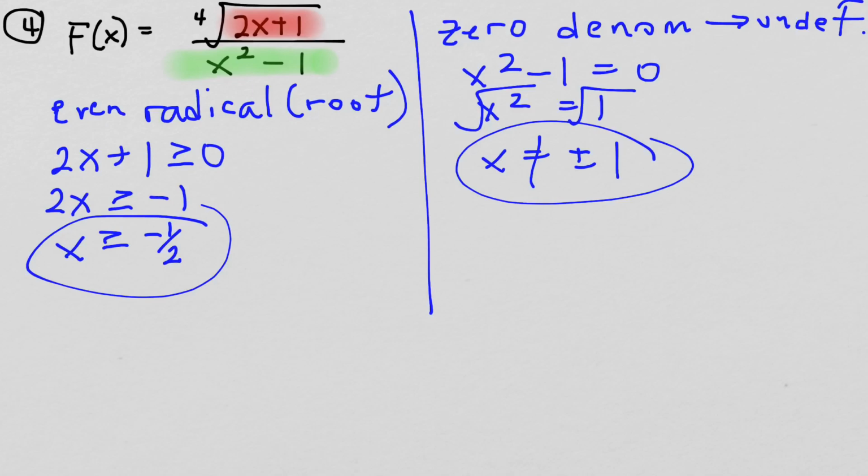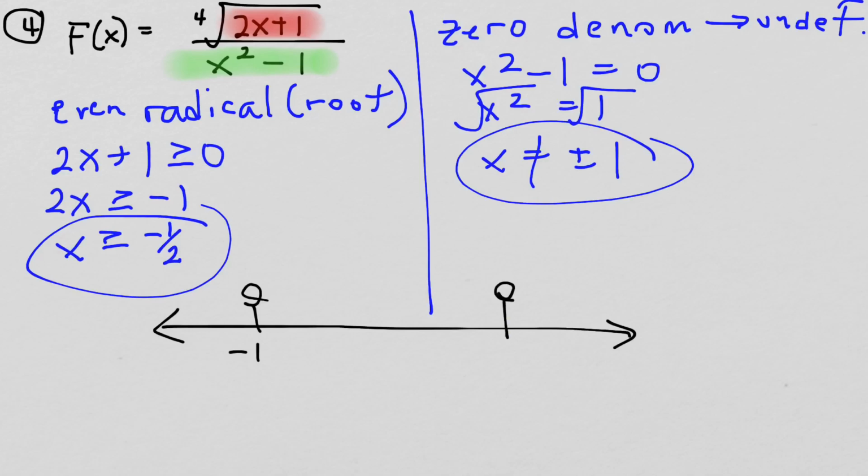All right, so we can't have x being positive or -1. Let's put all this on the number line and see how we can indicate that using interval notation. So -1, that's a no, empty circle. +1, that's a no, empty circle. -1/2. It can be that.